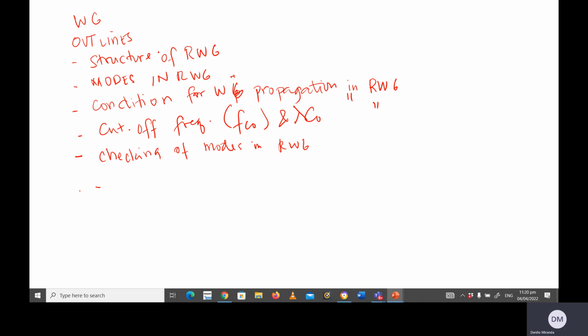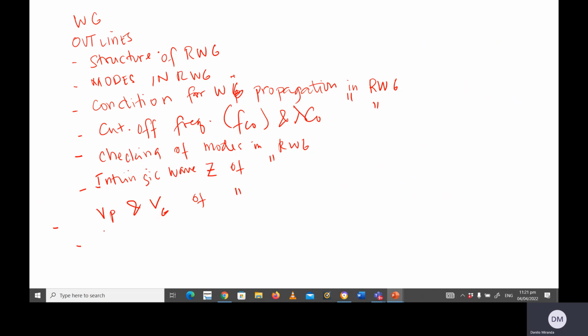Then number 6, we have the intrinsic impedance, Z, of rectangular waveguide. Then also there is a parameter for phase velocity and group velocity of rectangular waveguide.